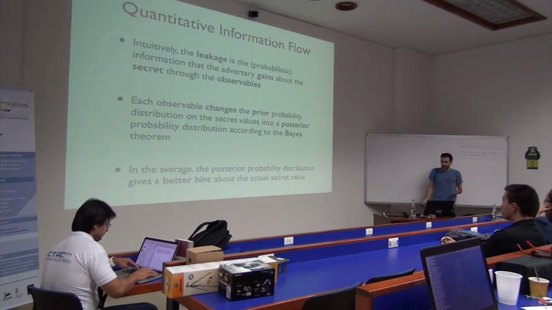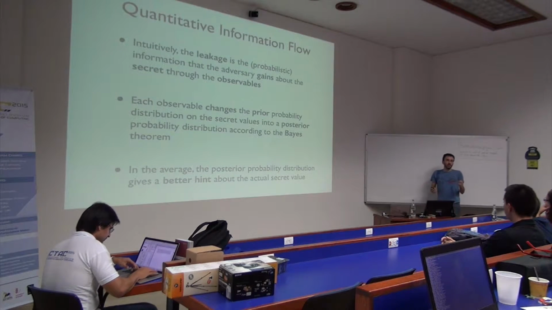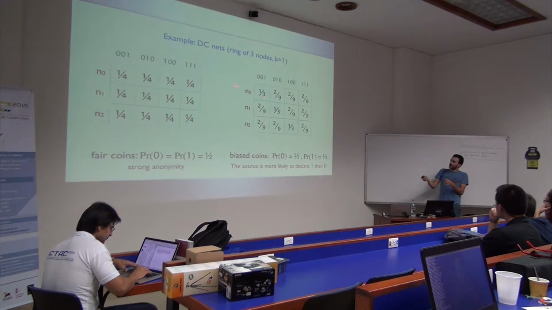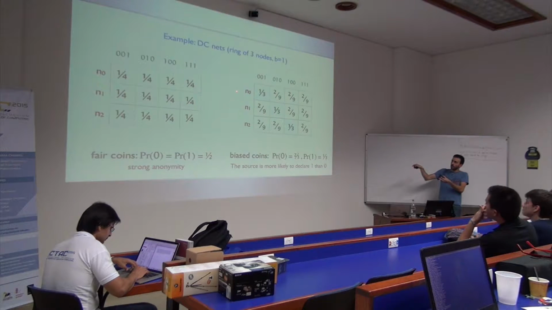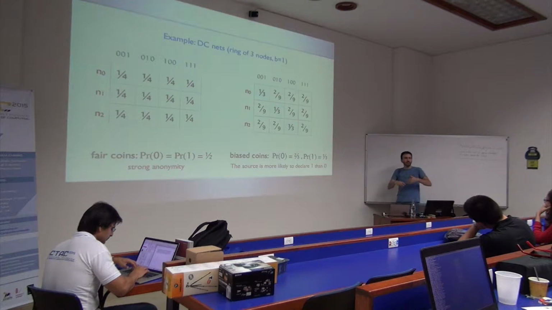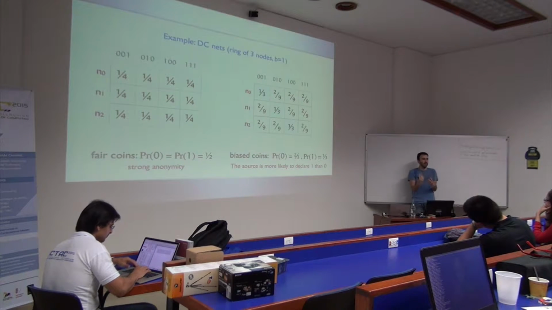Okay? And now the key point of this correlation, to understand what's going on, is that because of these conditional probabilities and because of the relationship between the output and the input, when I see an output, starting from some probability distribution that gives me some information about the input, right? So I have some information about the input given by some probability distribution.